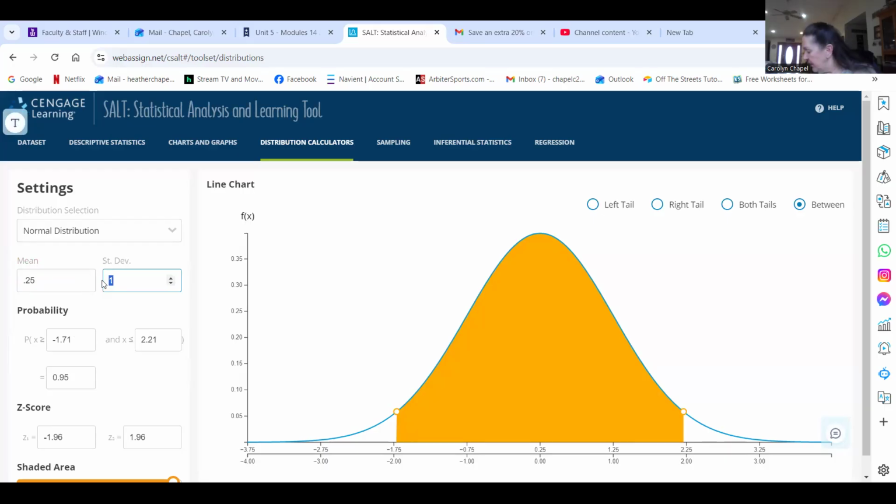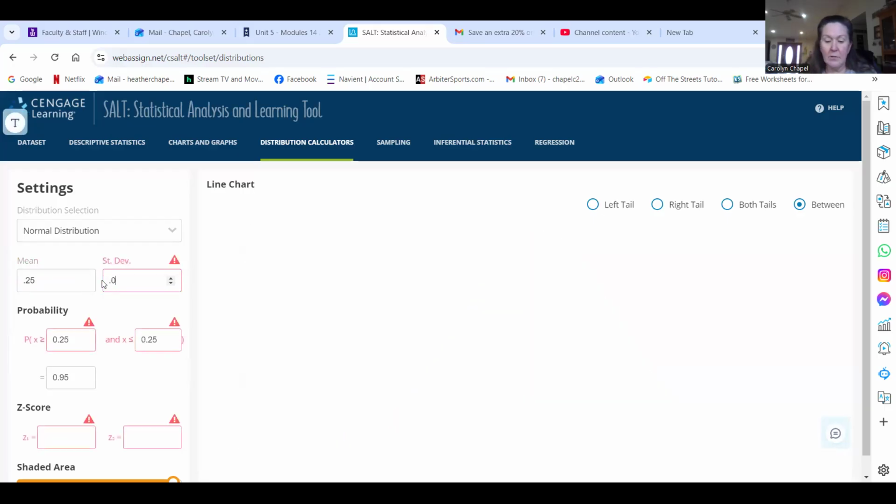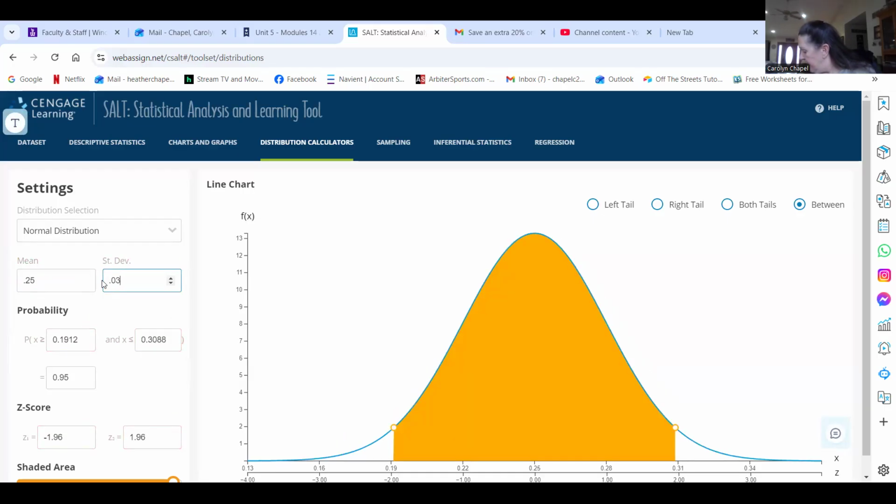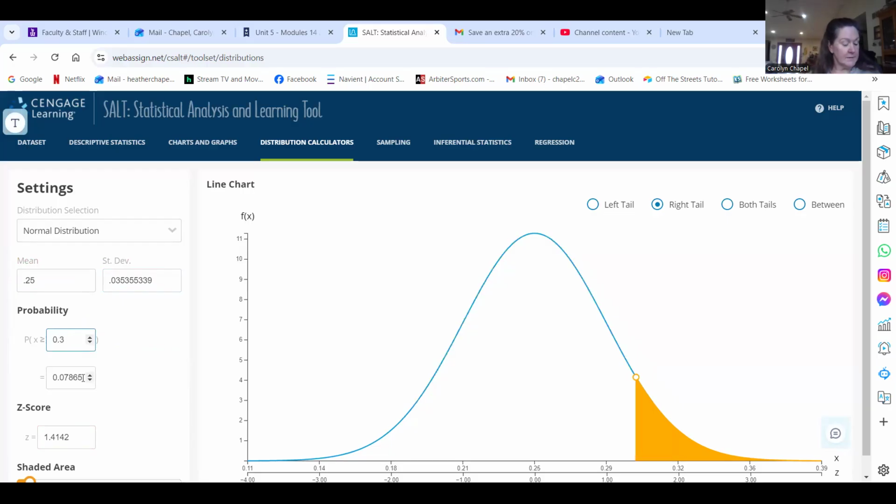Our standard deviation is 0.035355339. And I want a right tail. And we want to go bigger than 0.3. And we get a probability equal to 0.07865.